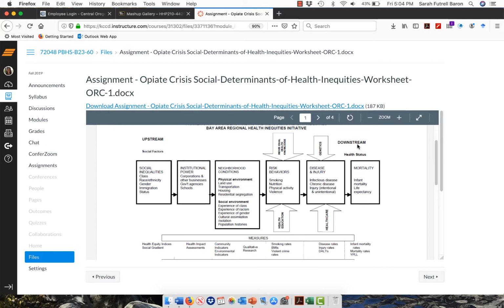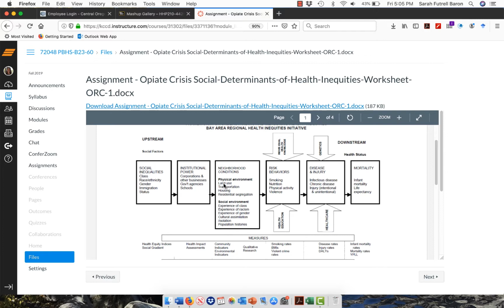If we looked at this in terms of mortality, the opiate deaths would go under mortality. Under disease and injury, you would put down the statistics showing the rates of overdose. The risk behavior: people using opiates too much or being prescribed opiates.